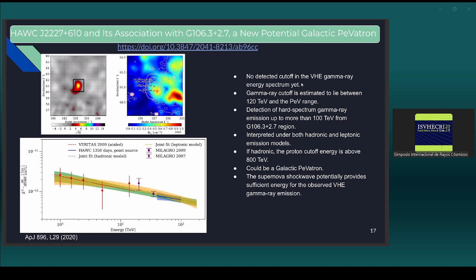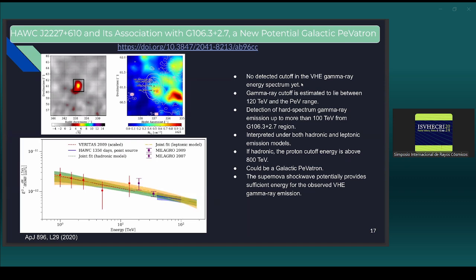this region. So in fact, for the leptonic scenario, it is assumed that this electron positron acceleration mainly occurs in the pulsar wind nebula or by pulsars.